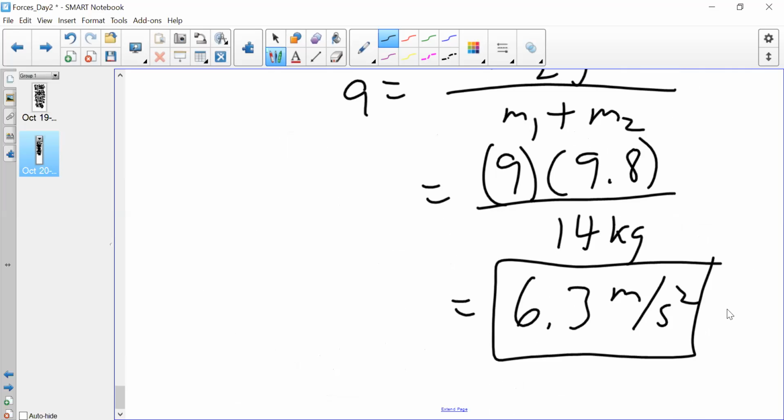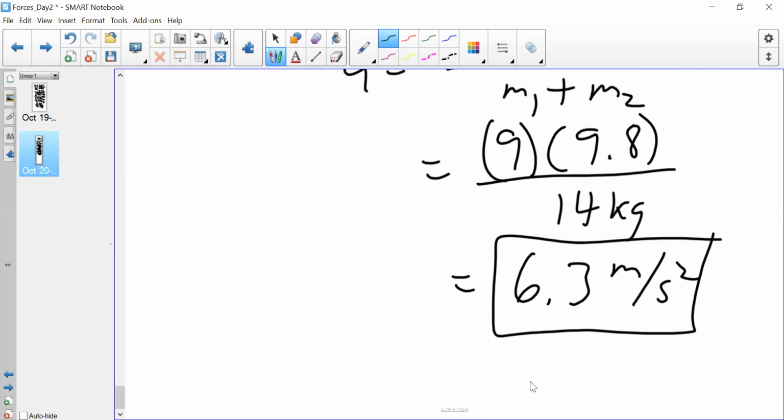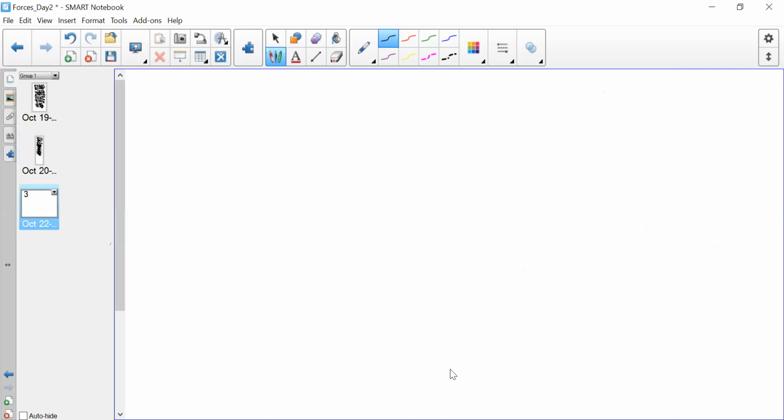Your textbook. Okay, next page here. Who wants to tell me what the spring scale would read for part A? We've got the spring scale attached to these two masses. What do you think it's going to read?